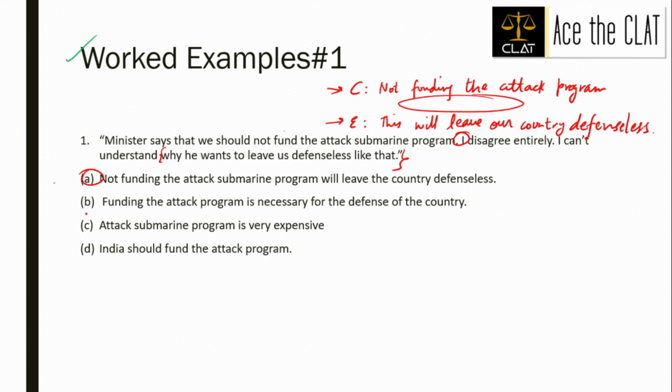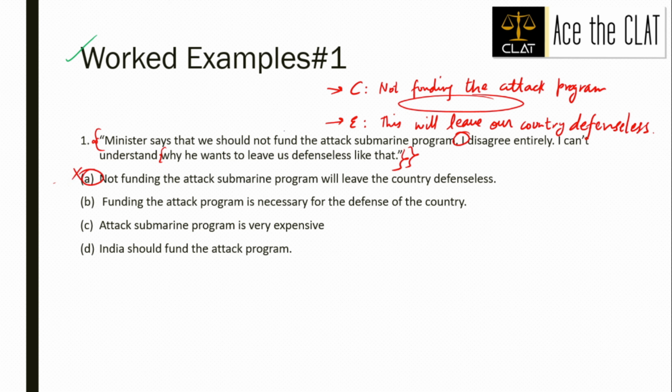This option does not need to be true for the argument to hold. We cannot say that it is guaranteed. From this information, we cannot conclude that it is guaranteed that our country will be defended once we fund this attack program, okay? So that is why this is not our correct assumption.